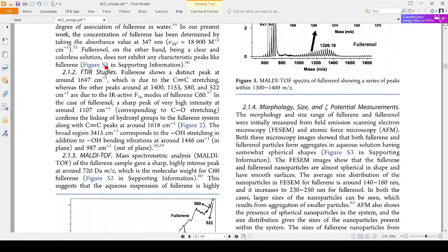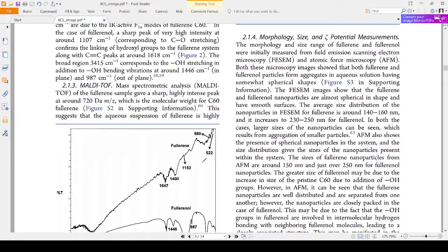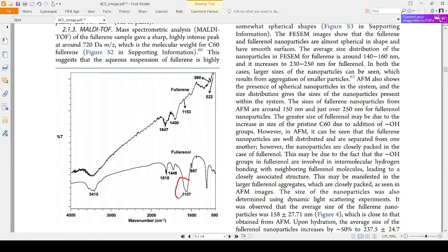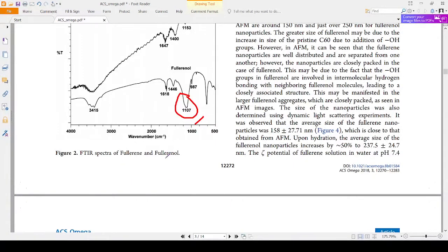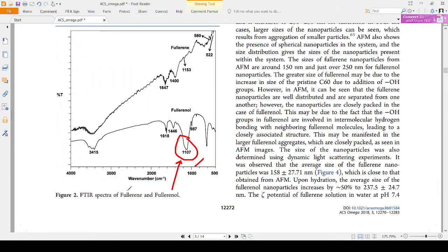The important thing is the FTIR studies from this paper, where they have shown the appearance of a peak around 1107 for fullerenol, suggesting that OH groups are attached to it. For fullerene, there is nothing around 1107, suggesting that this peak is for hydroxyl groups. So the fullerenol has been prepared.